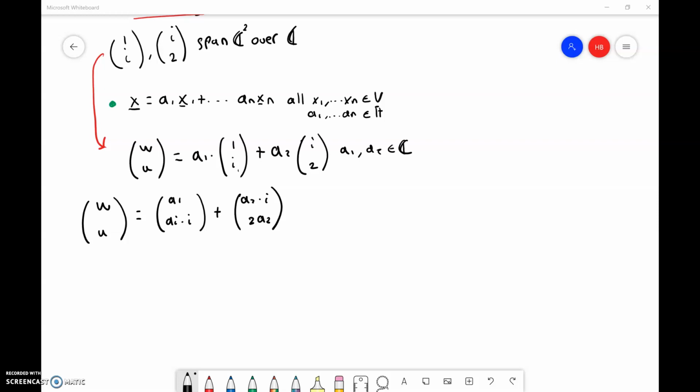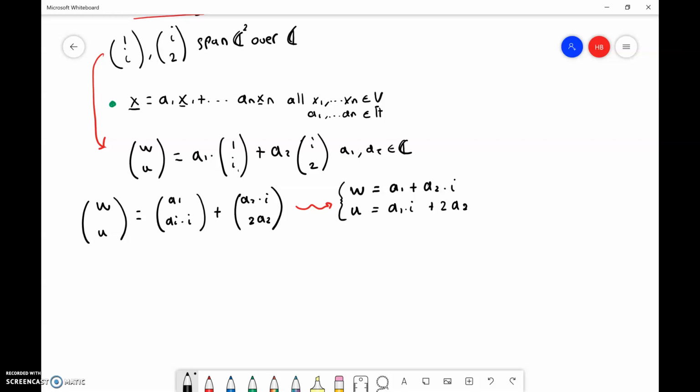I can solve a set of simultaneous equations. Comparing the coefficients, w must be equal to a1 plus a2 times i, and u must be equal to a1 times i plus 2 times a2. So here's a system of two equations.